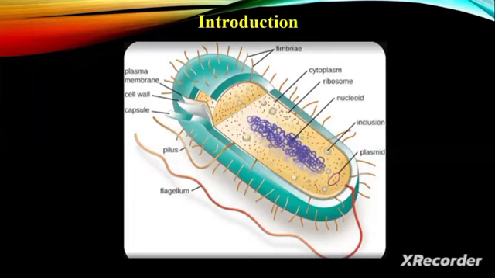When we discuss these functional components in prokaryotic cells, we divide them into 2 parts. These are mainly genetic and internal machinery, and external appendages.